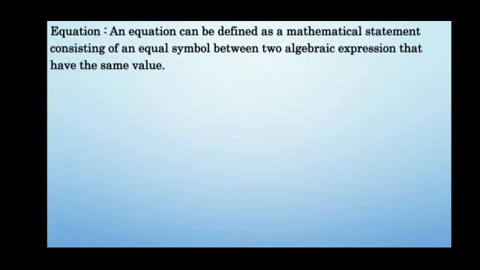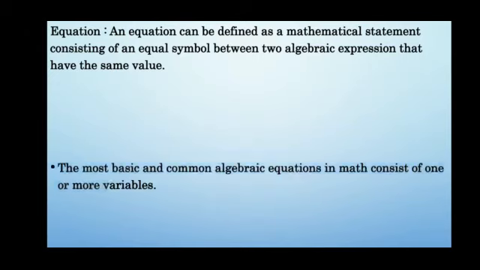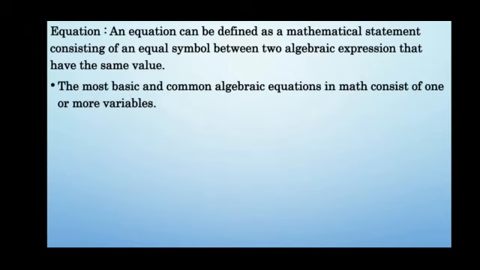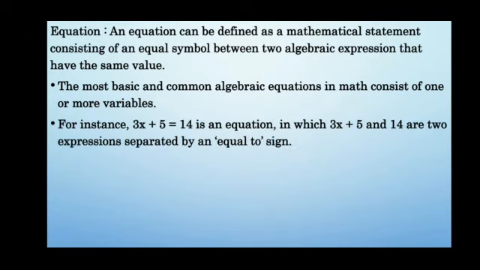Equation. An equation can be defined as a mathematical statement consisting of an equal symbol between two algebraic expressions that have the same value. The most basic and common algebraic equation in math consists of one or more variables.